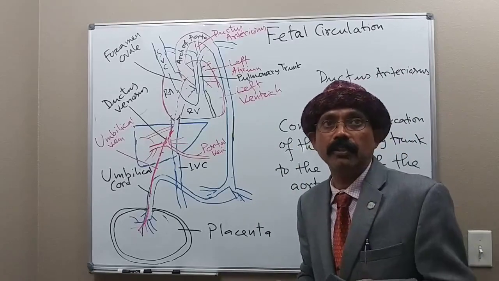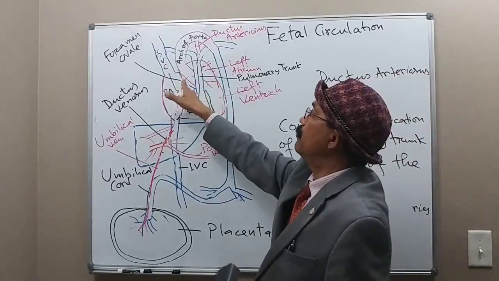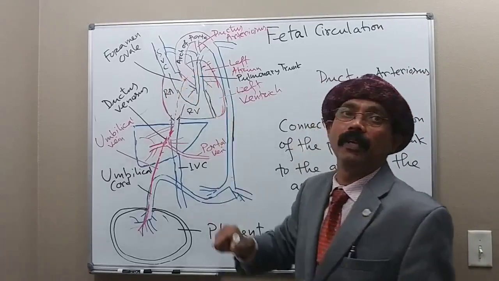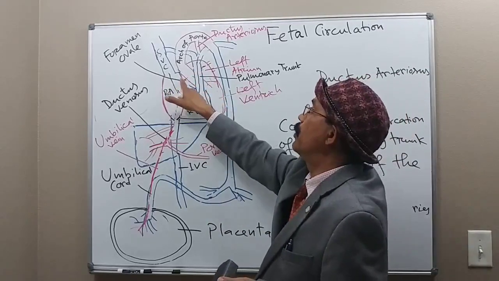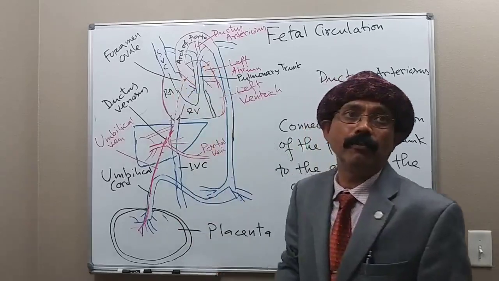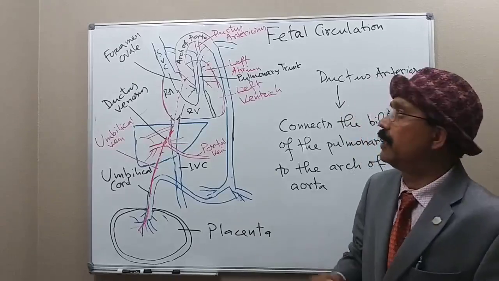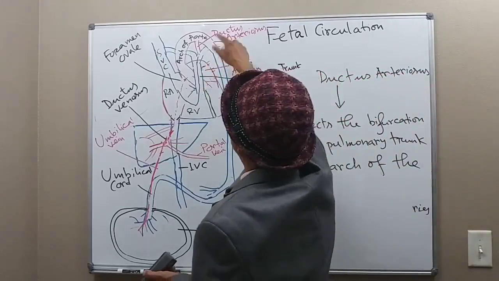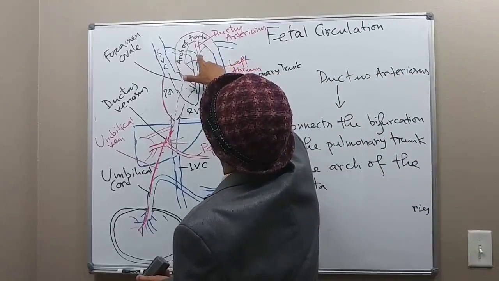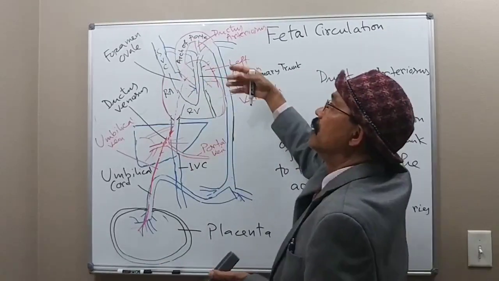So we have a right to left shunt, from the right atrium, blood is going to the left atrium. This is right to left shunt, one. Then another shunt is from the bifurcation of the pulmonary trunk to the aorta. Again, it bypasses the lung.